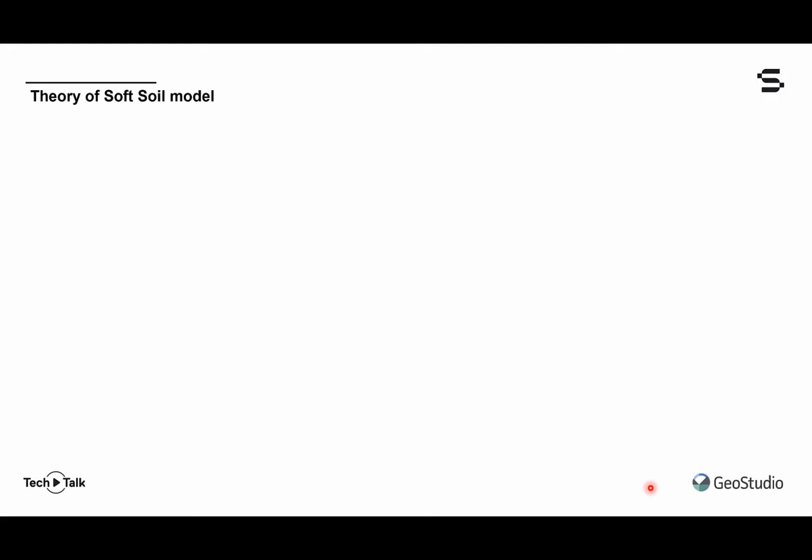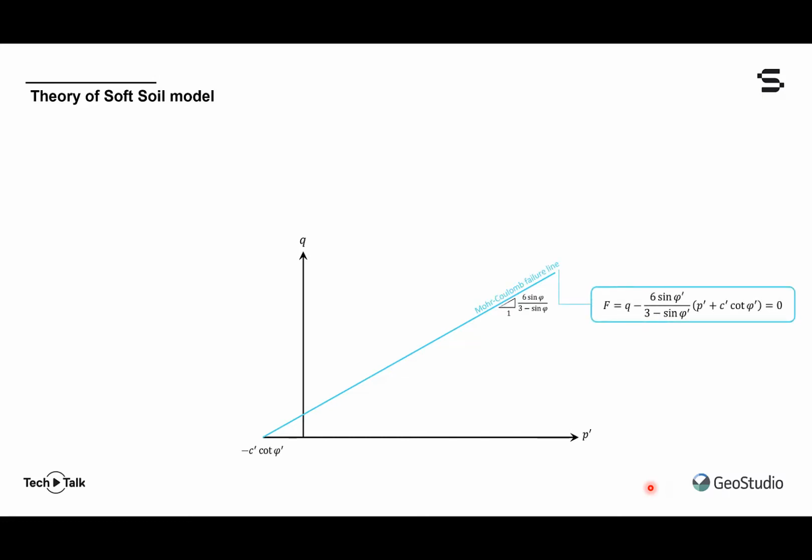Before going into the demonstration on parameterization, it's helpful to consider some other aspects of the soft soil model. First, the soft soil material model is a critical state-based constitutive model, so different stress paths eventually tend towards a failure line, shown here in q-p space. The failure criteria adopted by the soft soil model is that of the Mohr-Coulomb failure law, at least in triaxial stress space.